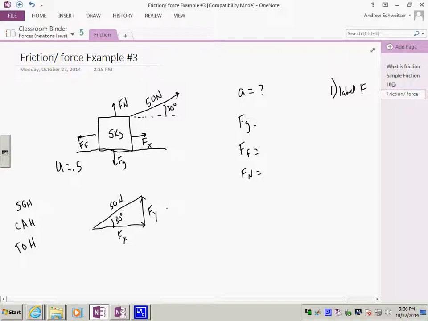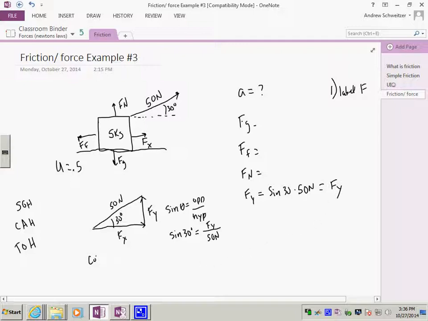For F_y, the sine of the angle equals the opposite over the hypotenuse, so sine of 30 degrees equals the force in the y direction over the 50 newtons, which is the hypotenuse. So F_y equals sine of 30 degrees times 50 newtons.